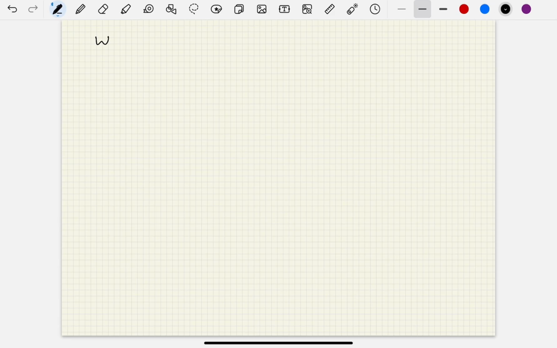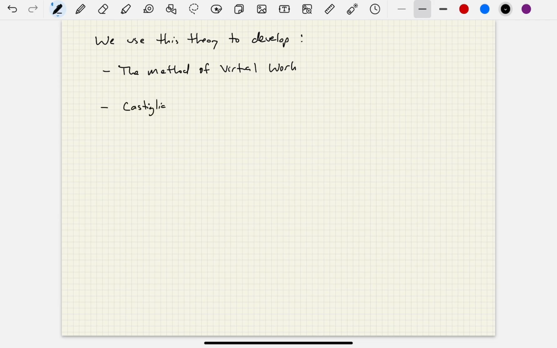We're going to say we use this theory to develop the following two: the method of virtual work and Castigliano's method for flexure systems, which again are like beams and frames.